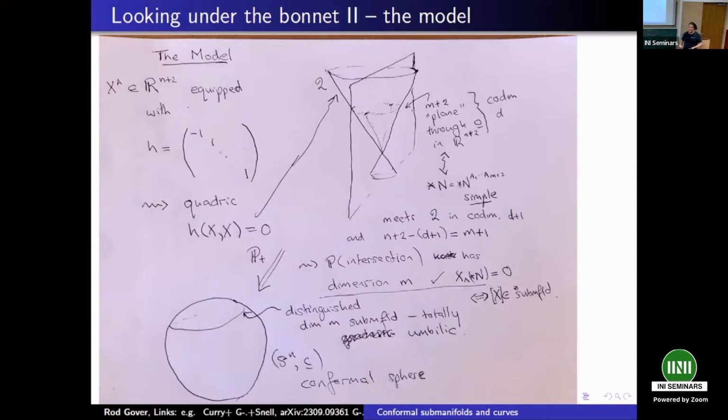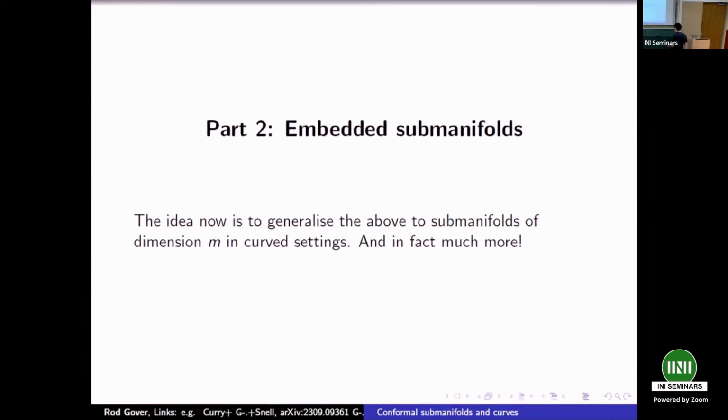In a sense, the story I just told you works in the curved setting. The tractors promote that to the curved setting and give you a nice way of doing things, so that you can then do things like construct conserved quantities. That model suggests that we should also look at doing this for submanifolds, because that was talking about curves.